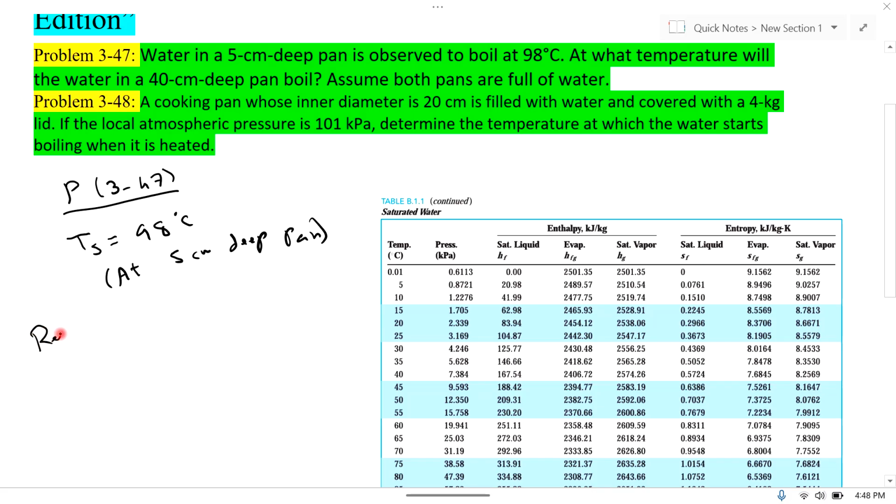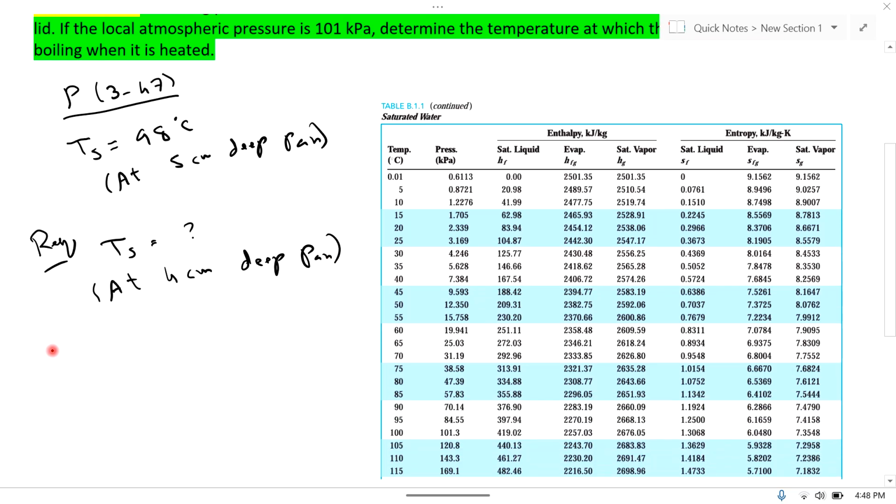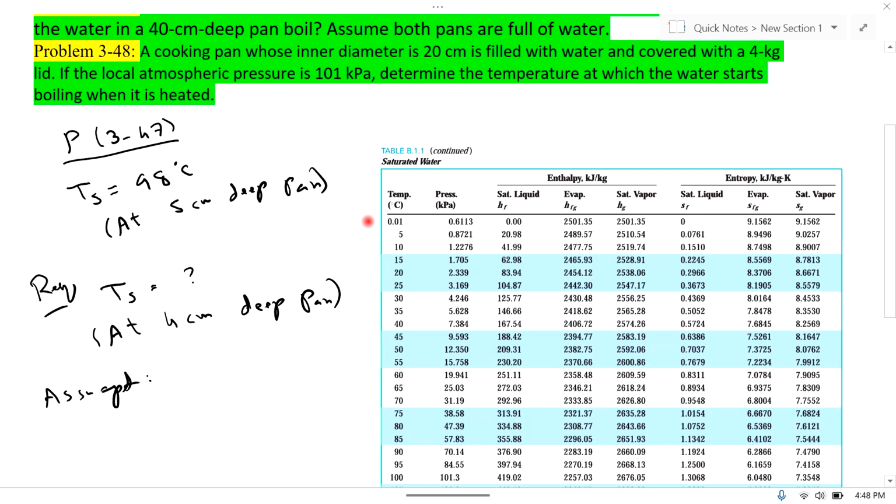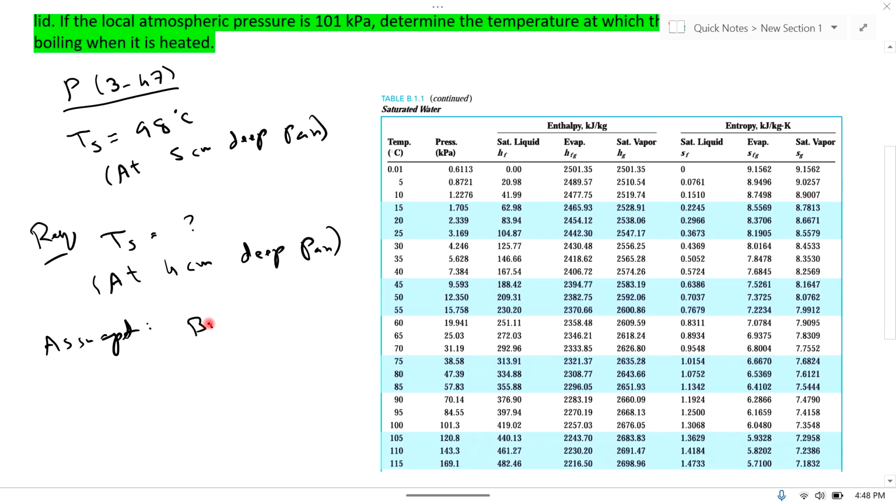What is required is to find the saturation temperature at a 40 centimeter deep pan. An assumption given to us is that both pans are full of water.